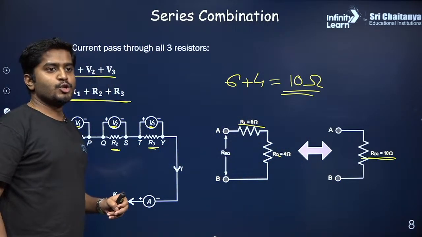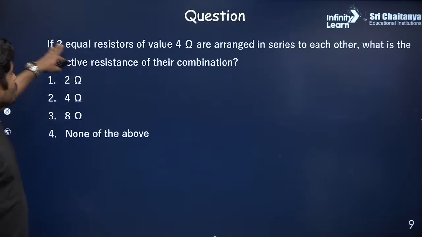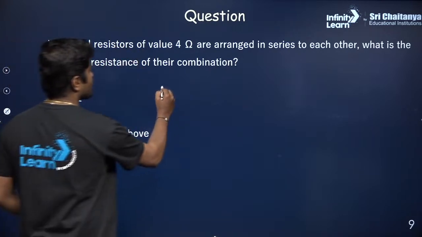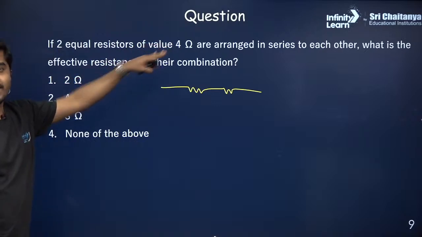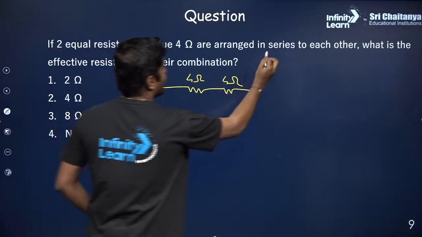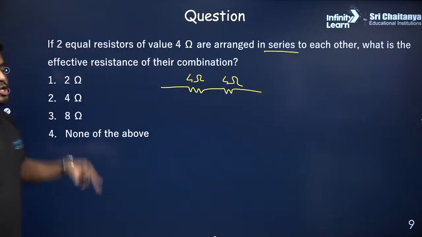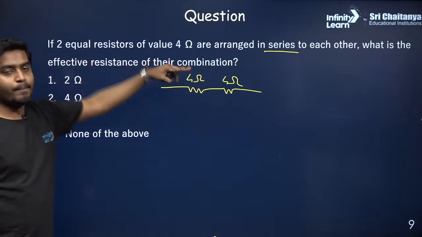Pranam, Yugal, Kishore. So now solve these questions. Two equal resistors. I'll draw it. Two equal resistors. Both of them value is 4 ohms, 4 ohms and 4 ohms. They are arranged in series. So what is the effective or equivalent resistance of their combination?